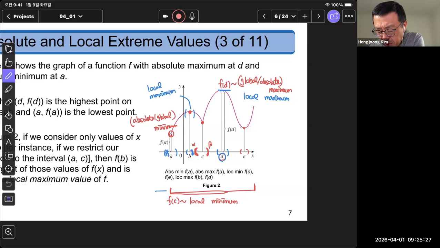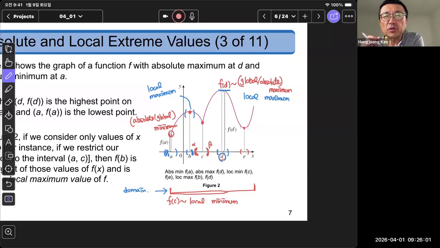Please remember that this is the domain we considered in the beginning. If that interval is the actual domain of the function, then whenever I consider any interval around A, some portion of the interval will go outside of the domain. In other words, we cannot find any interval around A such that f of A is the smallest value.